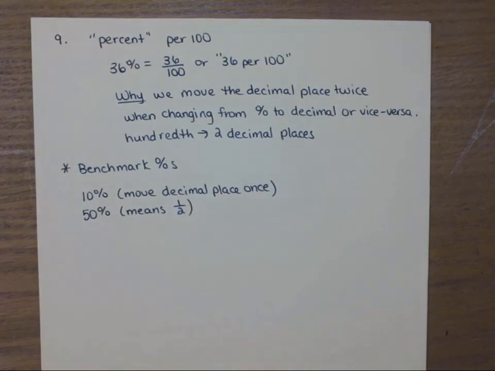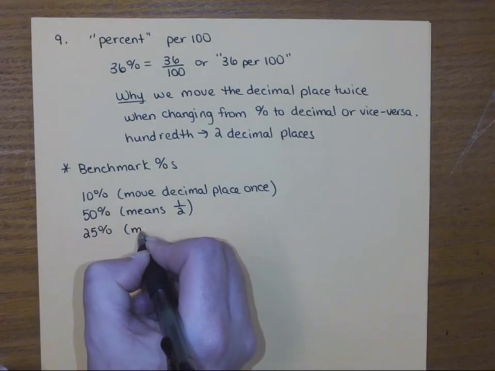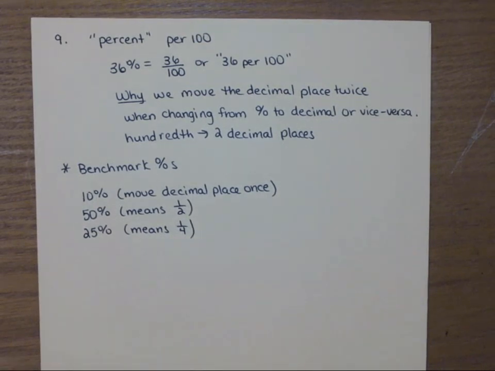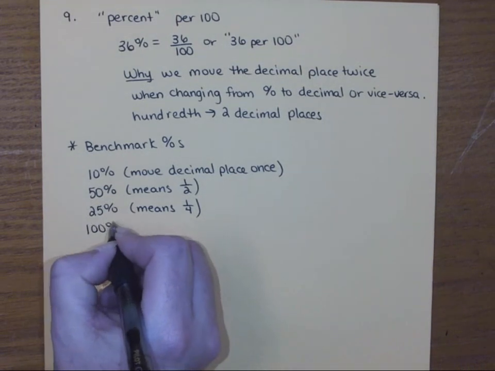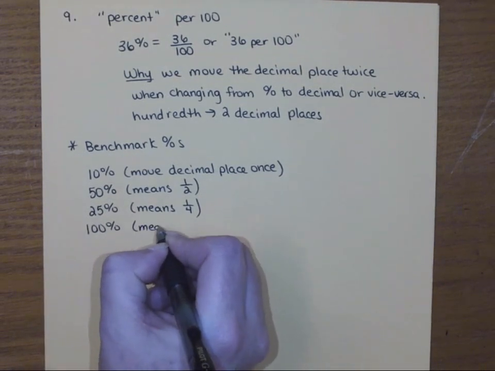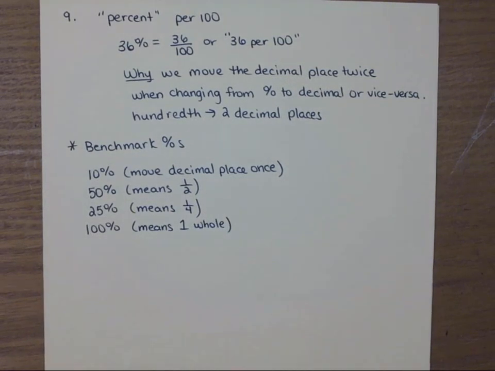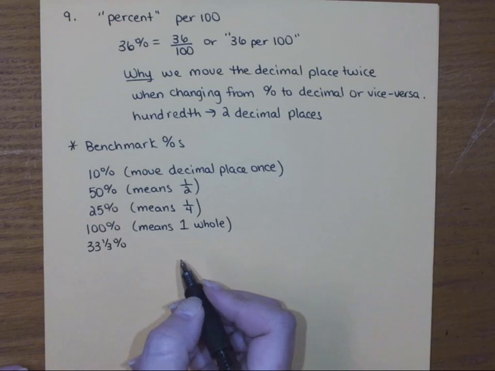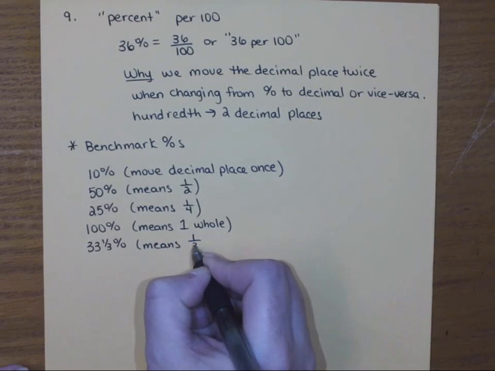50% is another one. 50% means 1/2. 25% means 1/4. Remember, benchmark percentages, any type of benchmark, is just something that we use to compare other values to. 100% means 1 whole. And then lastly, make sure you know this one and the one that's close to it. 33 1/3% means 1 out of 3.